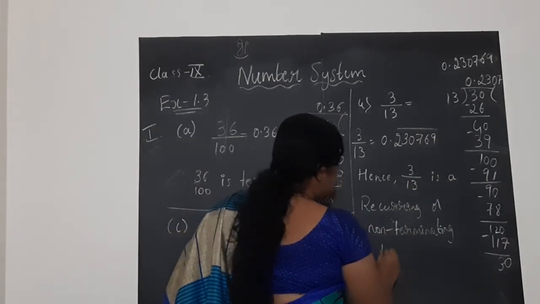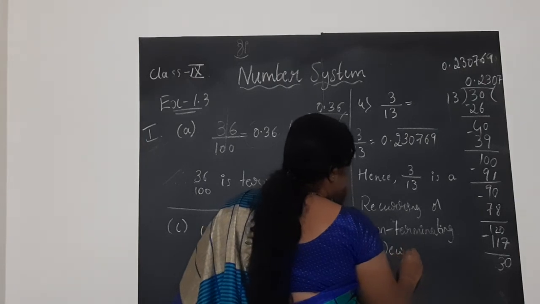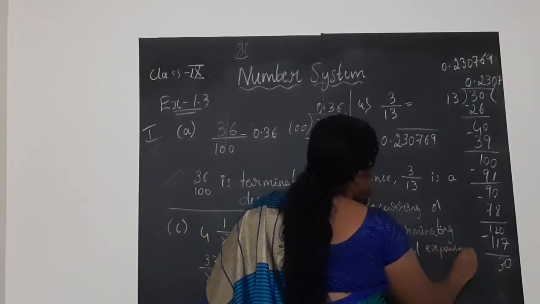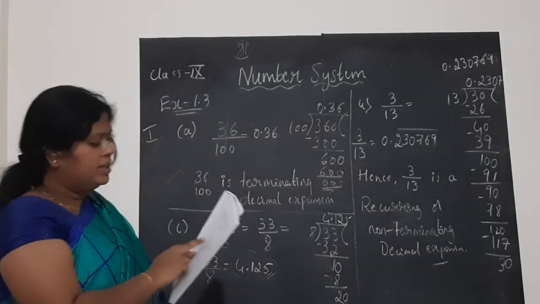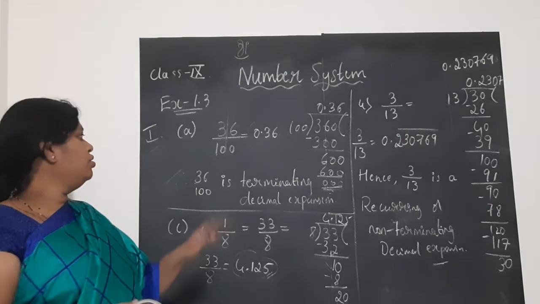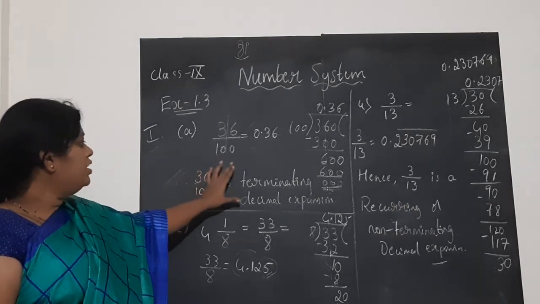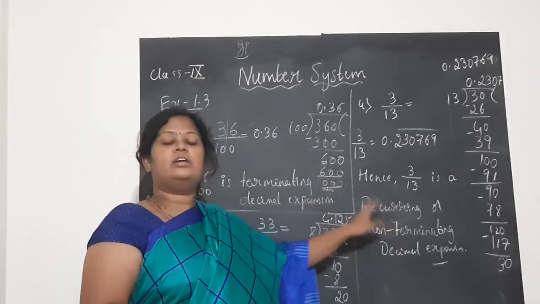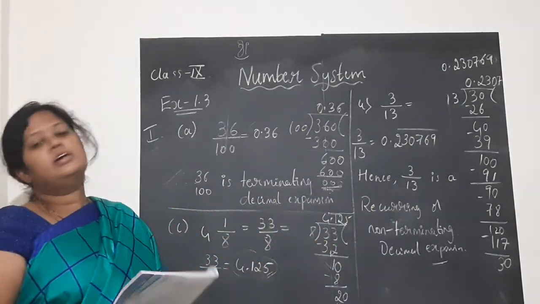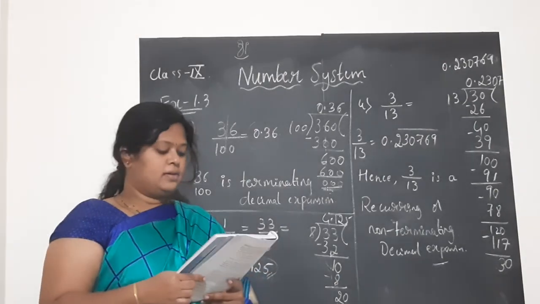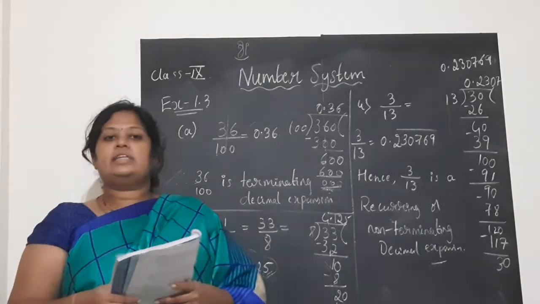So it is not a terminating decimal expansion. I have solved 3 problems here, children. I have left 2, 5 and 6. I want you to do them in the same way, and after every problem write the statement whether it is recurring, terminating or non-terminating decimal expansion. So this is about the first main. Next we shall go to the second main.